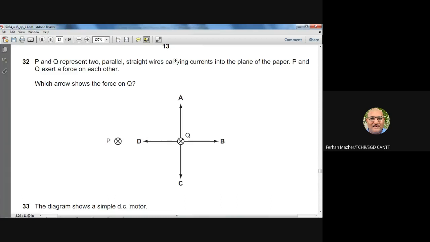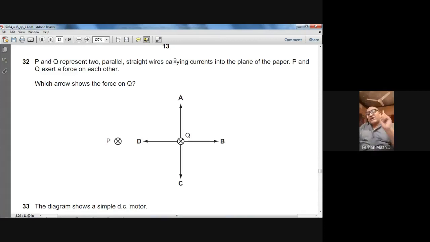If you have two straight conductors and the direction of the current in both the parallel conductors is the same, they will attract each other. For example, here P and Q on the diagram are two straight conductors and the direction of the current in both of them is into the page.